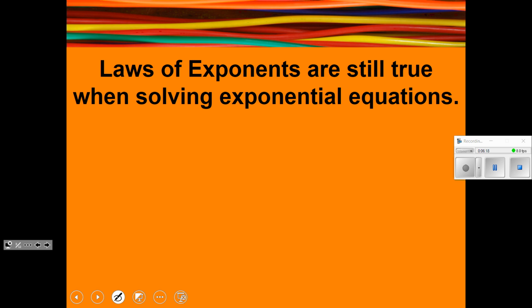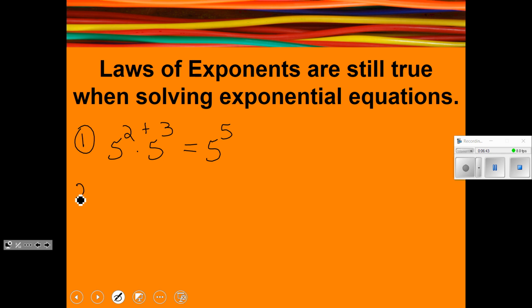If you have 5 to the second times 5 to the third, with matching bases, this is your first law. When you multiply powers, you add the exponents, so this could become 5 to the 5th power. The base stays the same. Good.